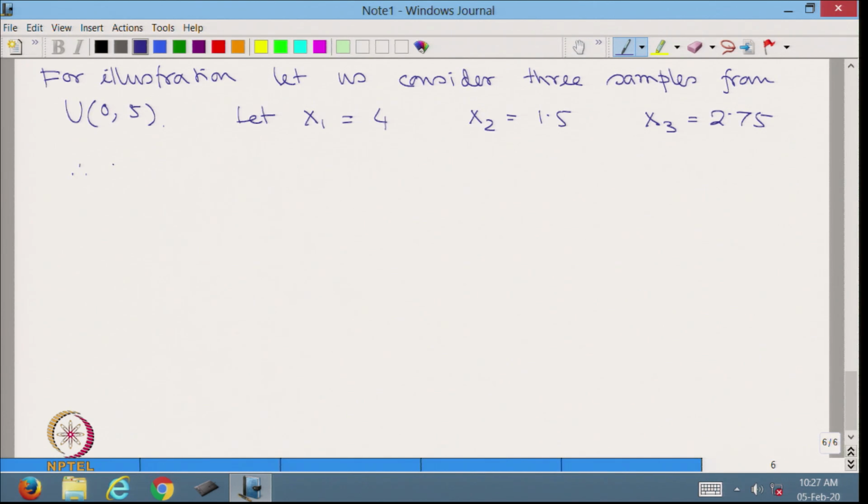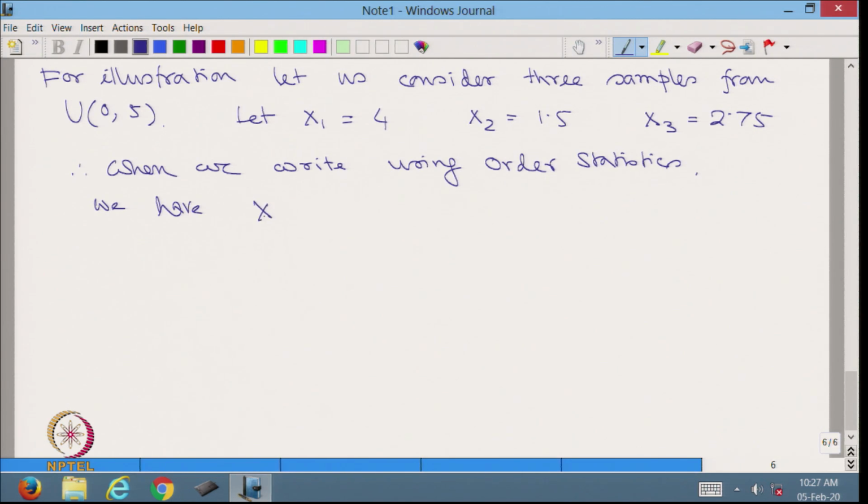Therefore, when we write using order statistics, we have x(1) is equal to 1.5, x(2) is equal to 2.75 and x(3) is equal to 4.